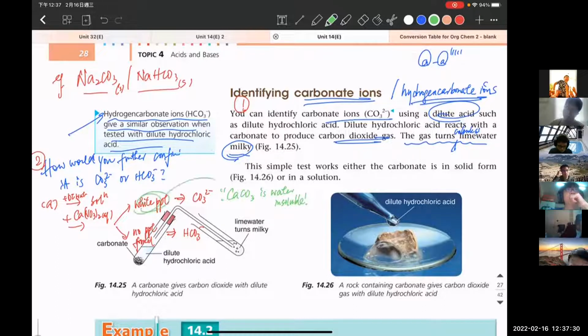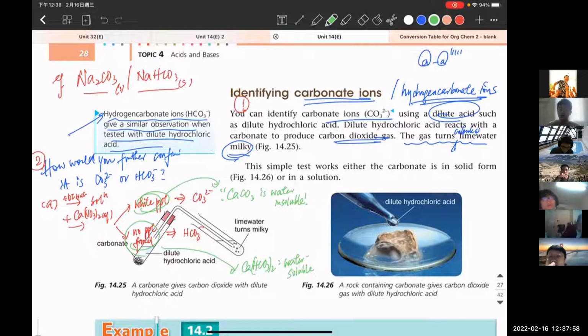Because the white PPT is because the water insoluble calcium carbonate forms. No PPT is formed because of what? Calcium hydrogen carbonate. It is also water soluble. So you will never have a chance of having a PPT. Can you get my point? So this is one way for the further test to know which is carbonate or hydrogen carbonate.